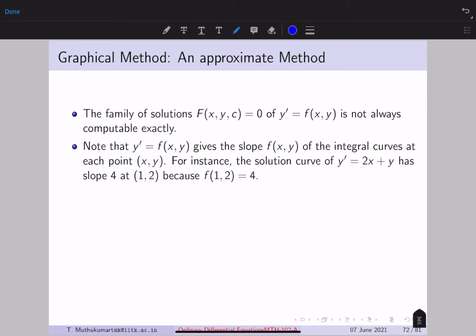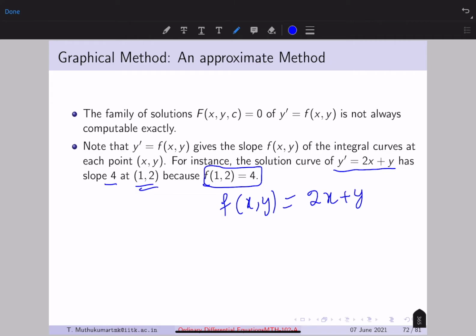For instance, if you take this ODE, y prime equal to 2x plus y, it has slope 4 at the point (1, 2), right? Because your f(x, y) is 2x plus y. So at (1, 2), you know the slope is 4 because f(1, 2) is 4.